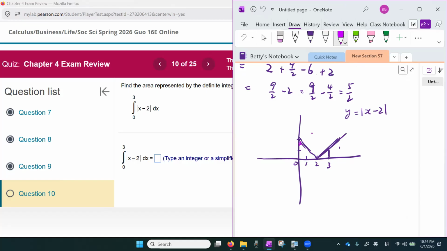So what's the area of this region? This triangle has area base times height over 2, which is 2. And this area, base is 1 times height is half divided by 2, so it's a quarter. Added together, 2 and a quarter, so 9 over 2, oops.